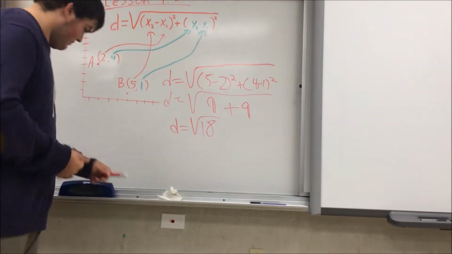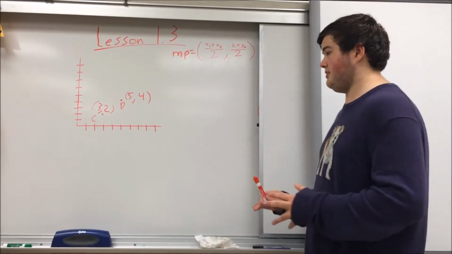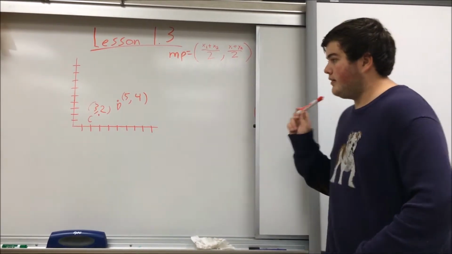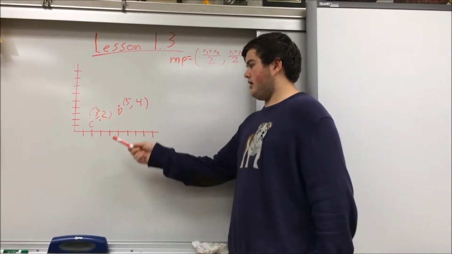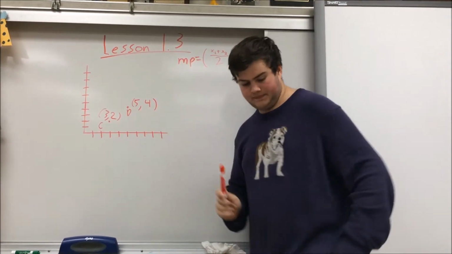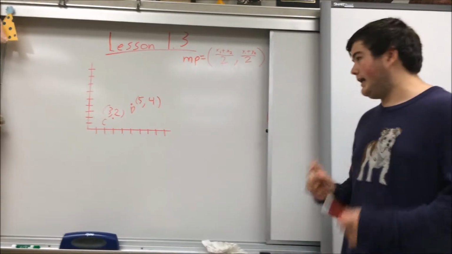Okay, next one. This is the second part of lesson 1.3. Midpoint. Midpoint is the exact middle of the distance between C and D, or whatever 2 points you want to find the midpoint of.